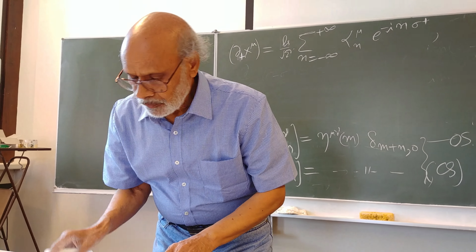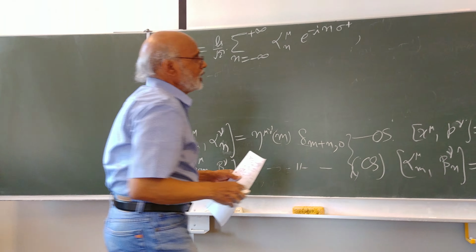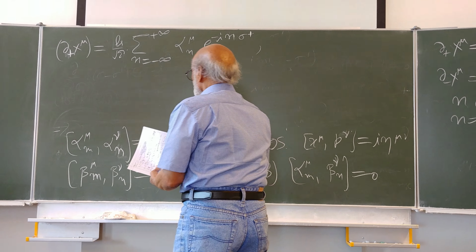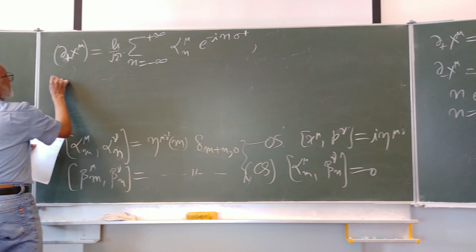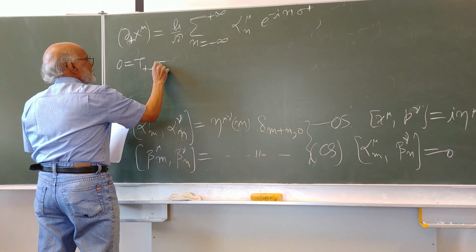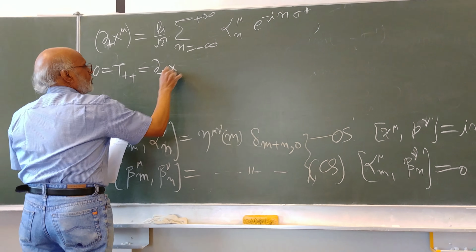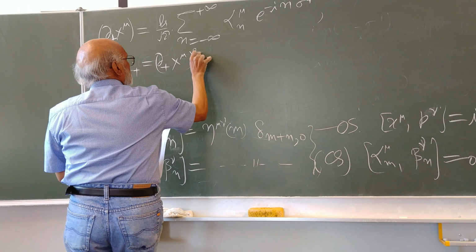So now we would like to develop, we know 0 equals T plus plus, this is del plus x mu whole square.